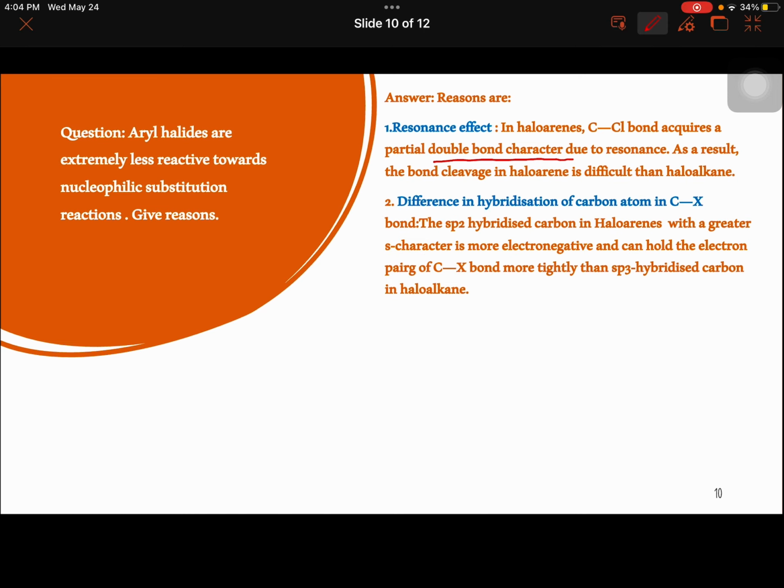Second reason is difference in the hybridization of carbon atom in CX bond. If you have haloarene or aryl halide and you compare it with say CH3X, then you will see that here this carbon of CX bond is sp2 hybridized, involved in a double bond. This is sp3 hybridized.